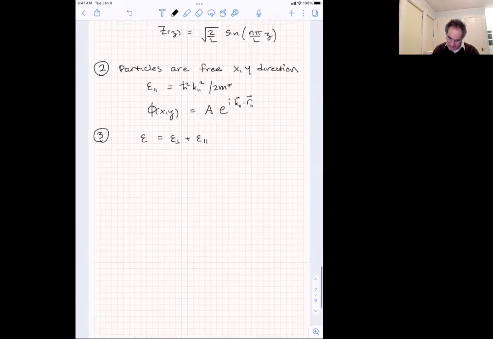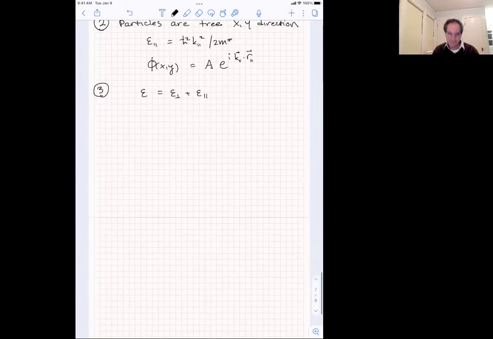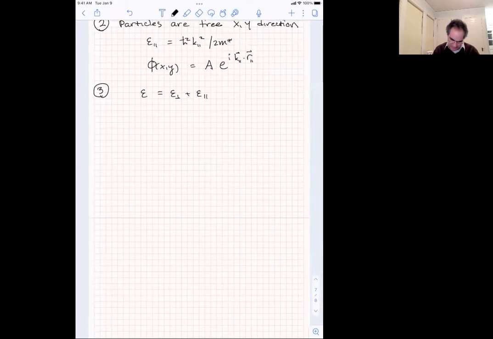And maybe it's easiest to describe these energies with a sketch. There we are. My sketch will have two parts here, okay? The first part just shows the energies E perpendicular.